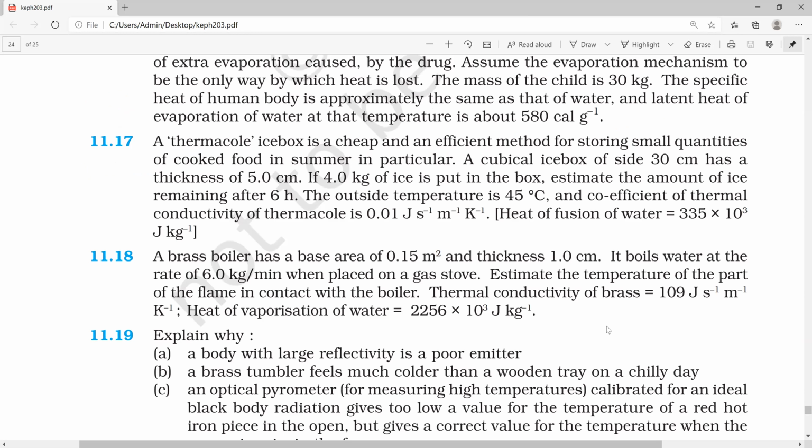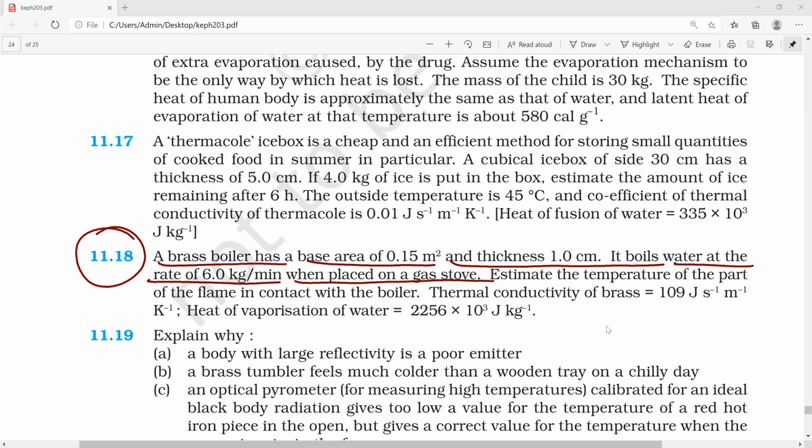So next we shall see 11.18. A brass boiler has a base area of 0.15 meter square and thickness 1 centimeter. It boils water at the rate of 6 kg per minute when placed on a gas stove.